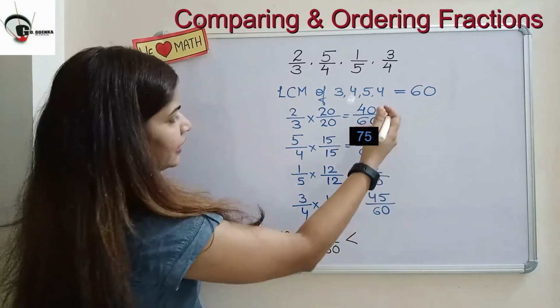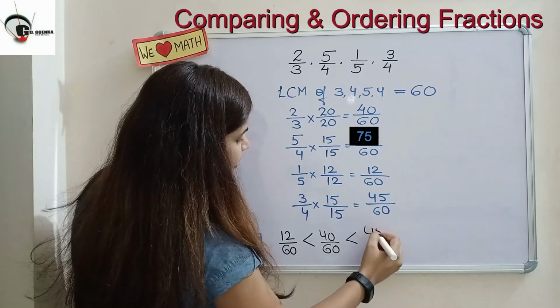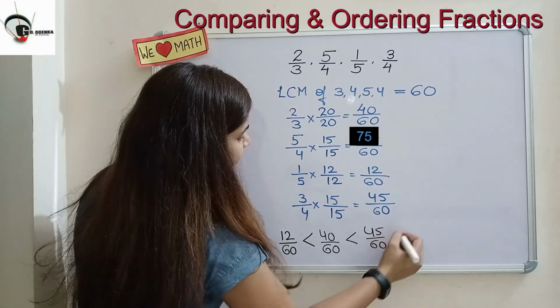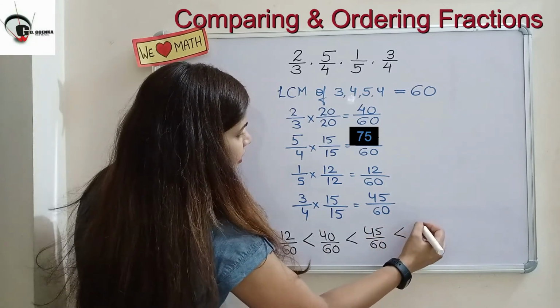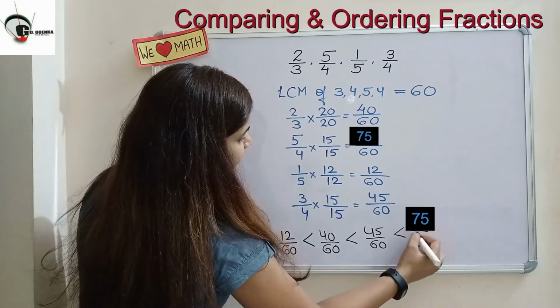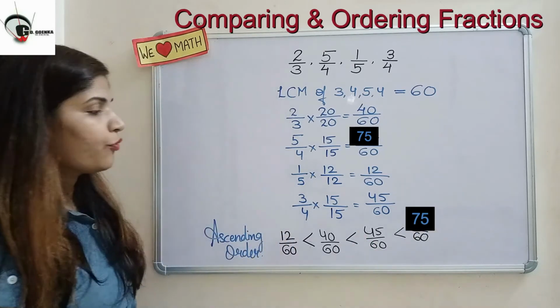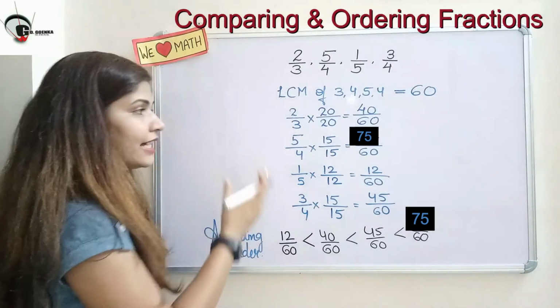Then the next will be 45 upon 60. And then in the last we have 75 upon 60. So this is how we have got the values in ascending order.